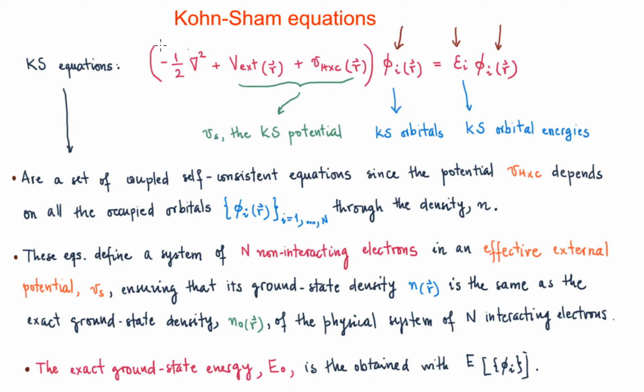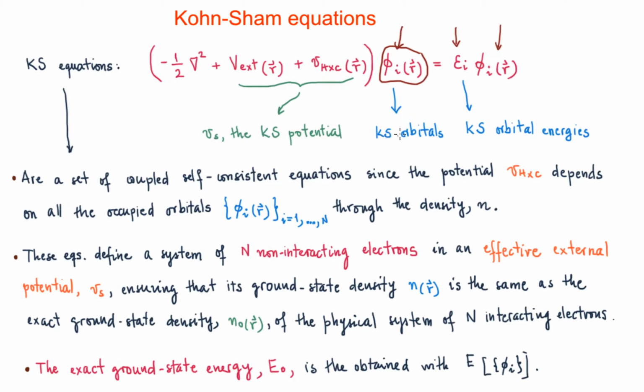These are the equations again that we need to solve in order to get the one electron states, and using those one electron states we can build the Slater determinant, and then we can get everything. And because this equation looks very similar to the equation for the eigenstates and eigenvalues of the Hamiltonian, the orbitals here are called Kohn-Sham orbitals.